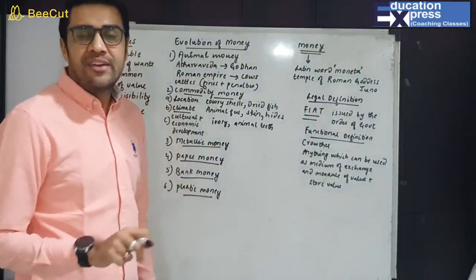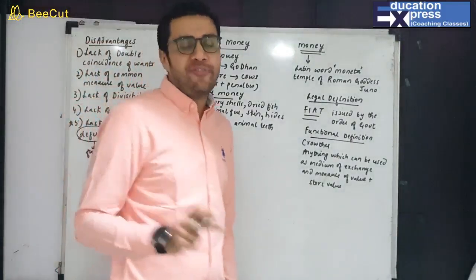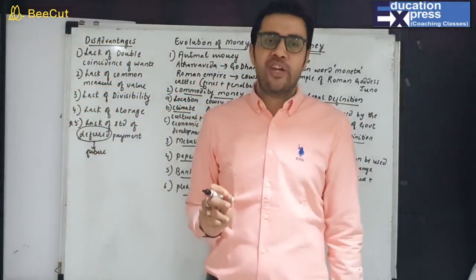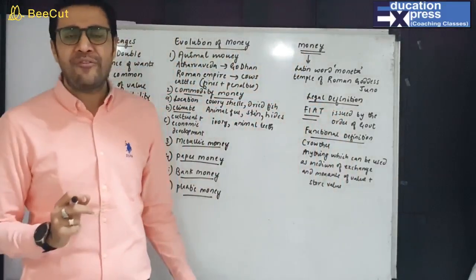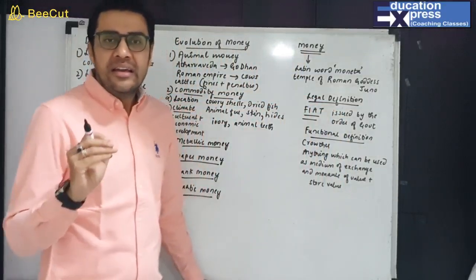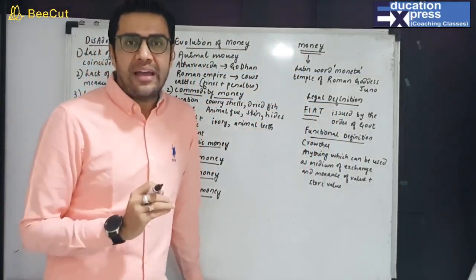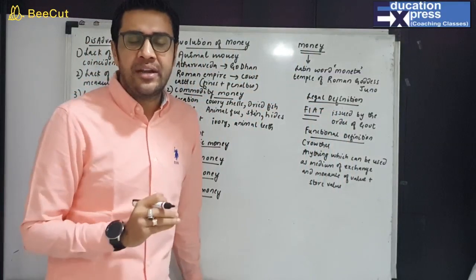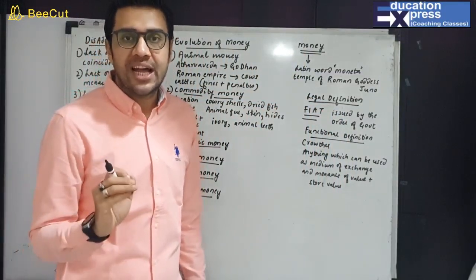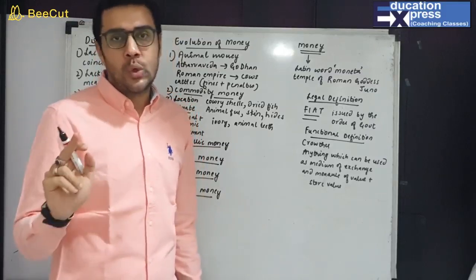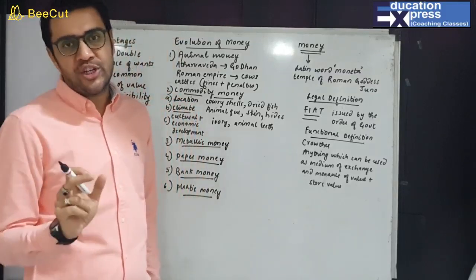Now give the narrow and broad definition of money. The narrow definition of money says that currency issued by the government in the form of coins and notes is your narrow definition of money.